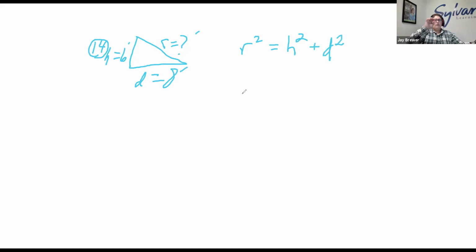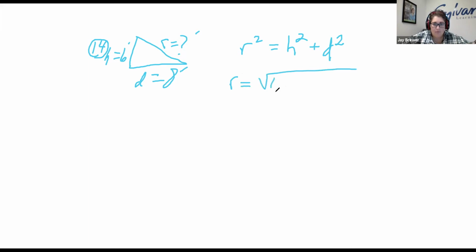Now, just a side note, when you take trig, you start with right triangles, but you will not always have a right triangle. So don't get into the habit of just blindly doing a squared plus b squared equals c squared. Make sure you pay attention, because you might have to use other formulas. Okay.